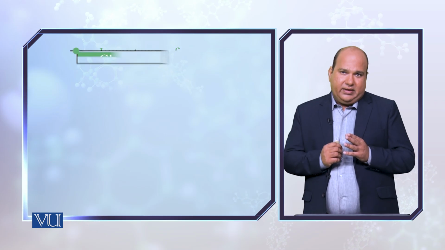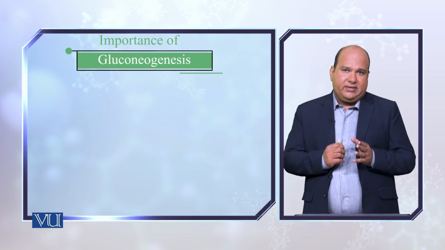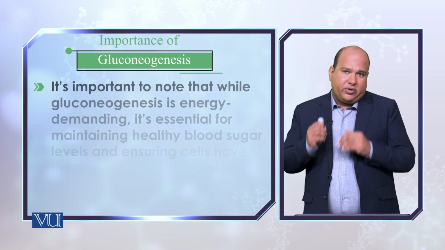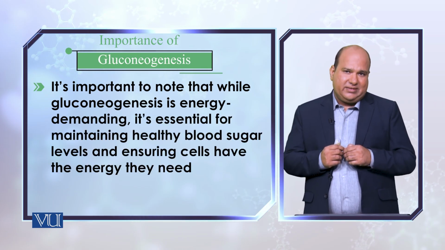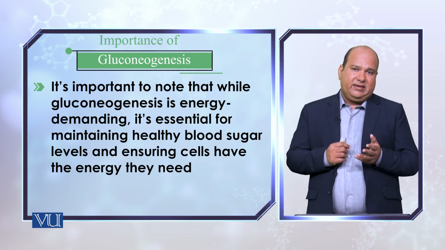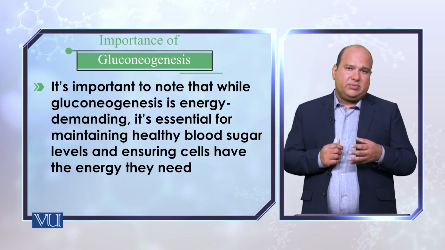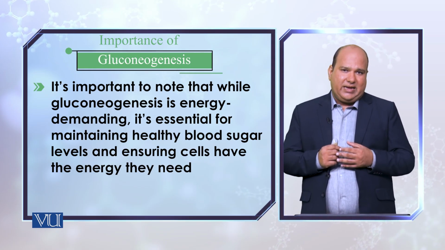Finally, it is very important to note that though gluconeogenesis is very energy demanding, so much energy is used in it, our body needs so much glucose all the time. Whatever I am doing right now, I am talking, my body is moving, I am thinking, in all these processes energy is required, and that energy comes from the metabolism of glucose.